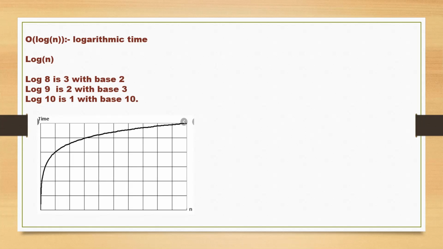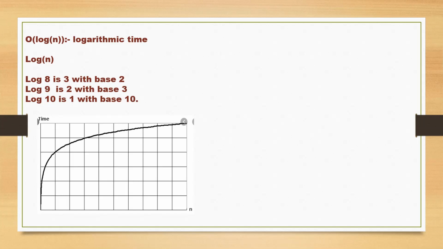And log of 9 is 2 when the base is 3, because 3 square is 9. So we are doing the opposite of exponential. 3 square is 9, but here 9 is already given and 3 is given. We should tell the result, the power, which is 2 in this case.